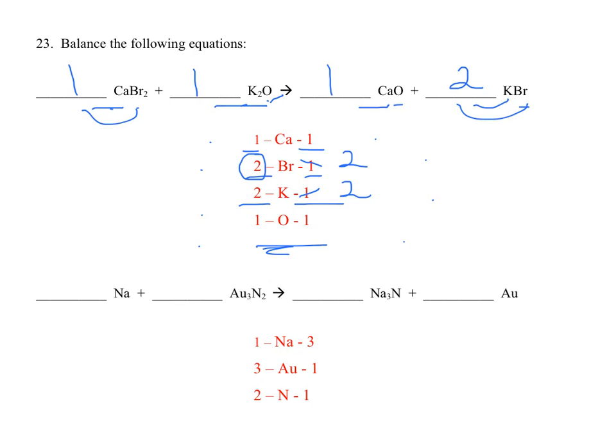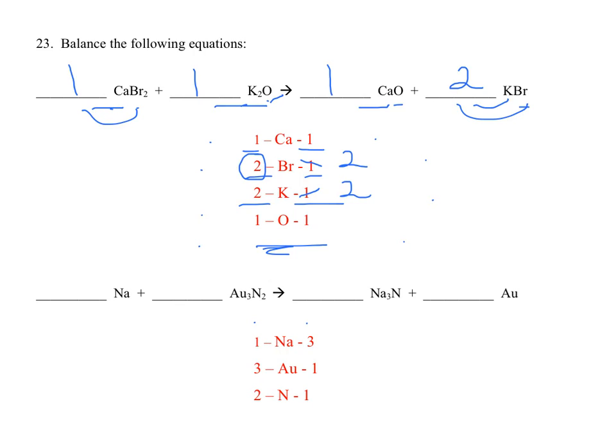Now let's look at the next one. We have sodium, gold, and nitrogen. So I have 1 sodium on the reactant side, and I have 3 sodiums on the product side. Well, nothing balances here. So let's go ahead and deal with sodium first. It's on top.